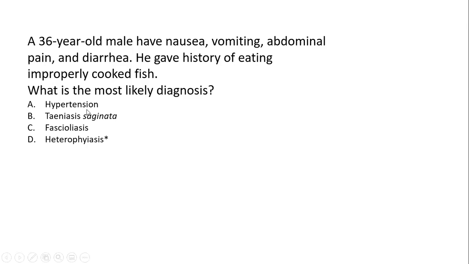The defect: the first alternative, hypertension, is not plausible, is not possible. The patient has GIT troubles: nausea, vomiting, abdominal pain, diarrhea. So among the alternatives, we have three homogeneous alternatives: Taenia saginata, Fasciola, Heterophyes, and a strange alternative, which is hypertension.